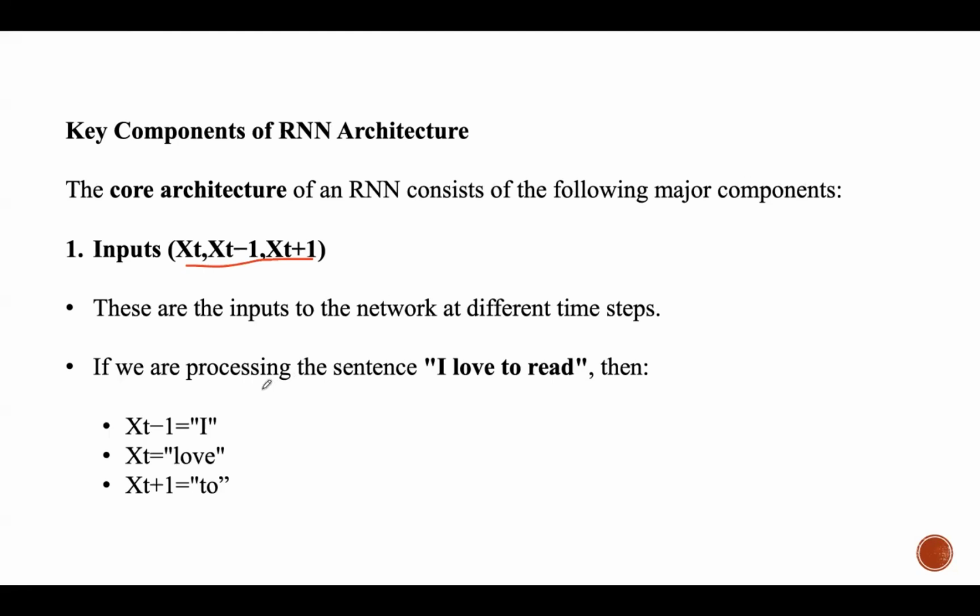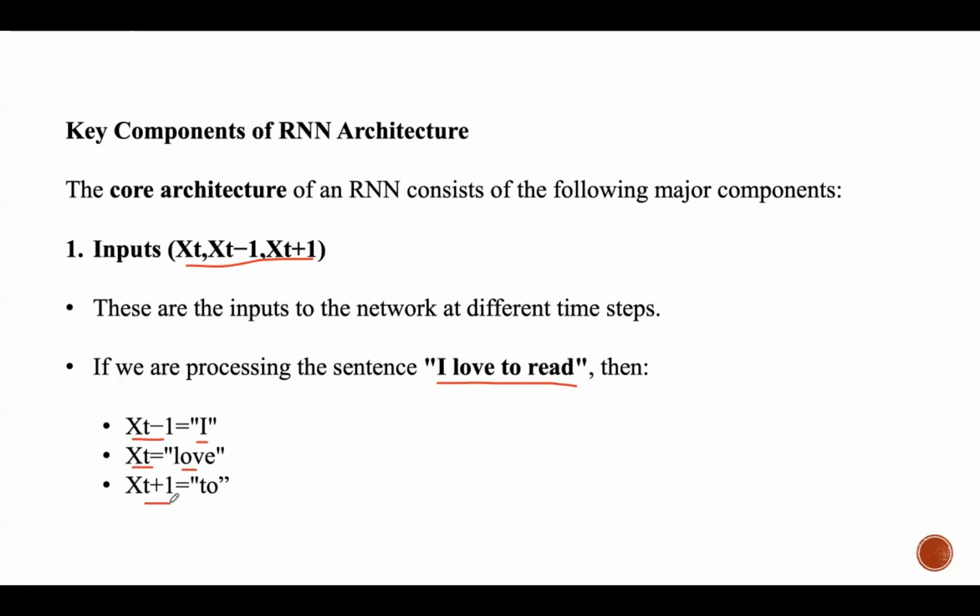If you take this example, say the sentence is "I love to read", then these are the words that are given to the input at every time step. Suppose the input word assigned to this RNN cell at time step t minus 1 is "I". At time step t, the input word is "love".